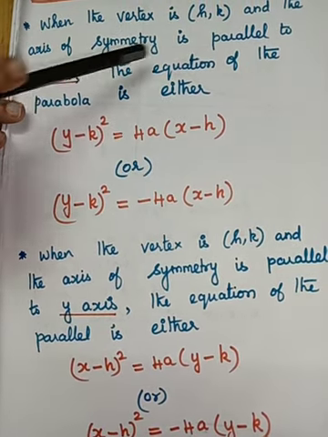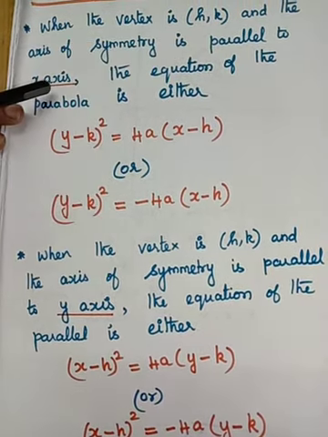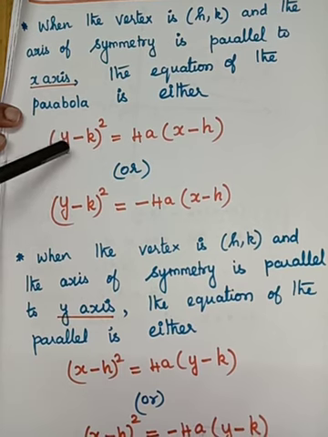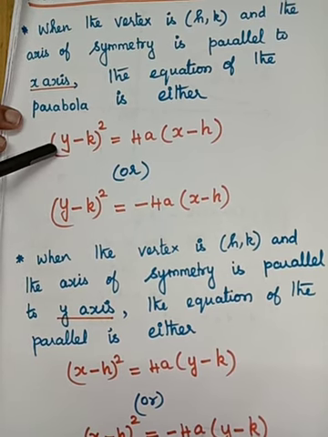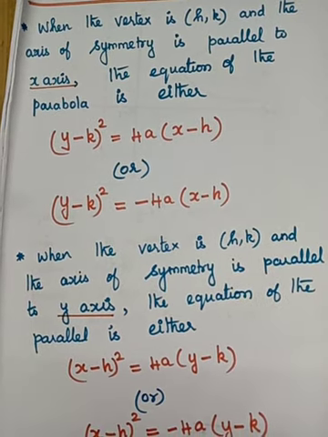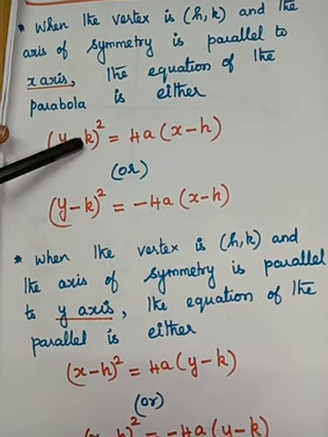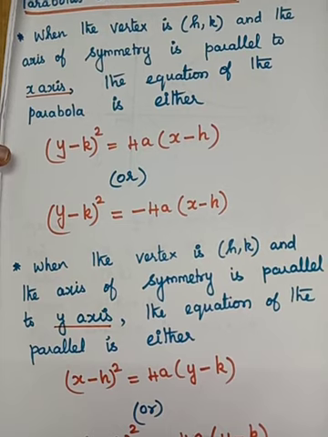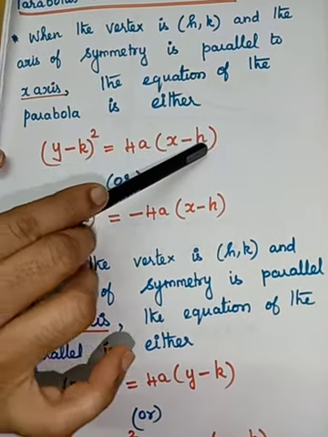Now the axis is parallel to the x-axis, so y squared will become y minus k the whole square. So y has to be changed as y minus k and x has to be changed as x minus h.